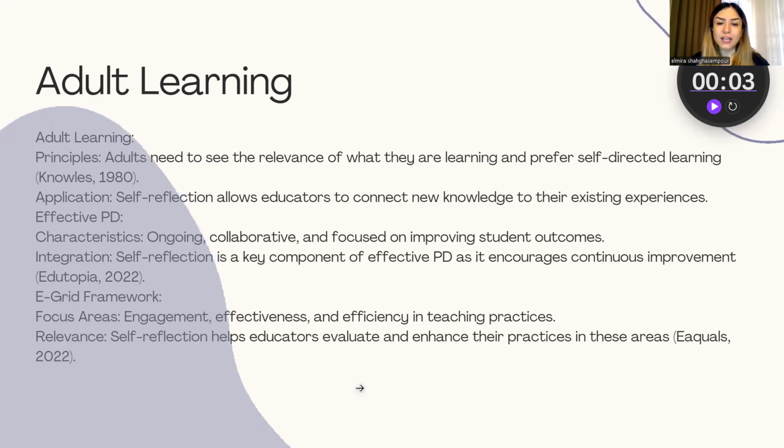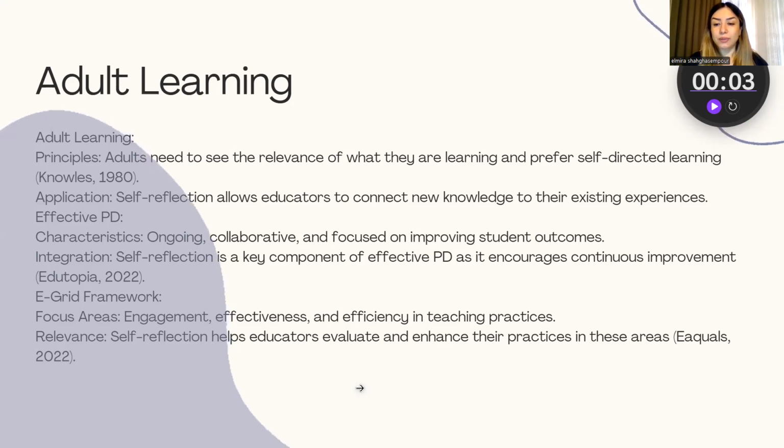And effective professional development is characterized by being ongoing, collaborative, and focused on improving student outcomes. Self-reflection doesn't just help you, it helps the students as well, and the outcomes of their learning.